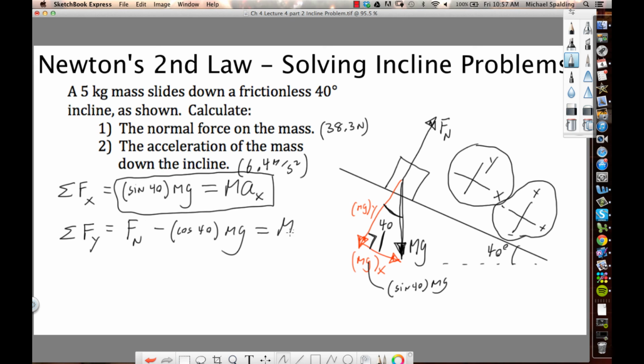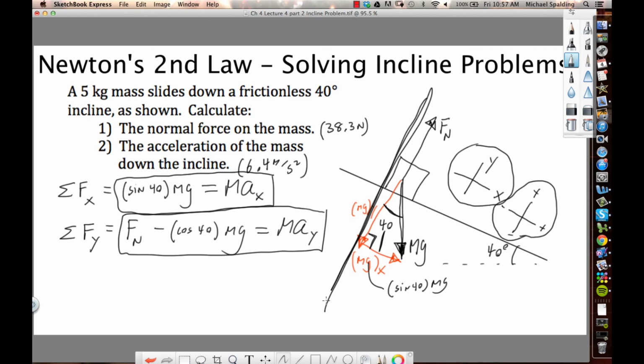Sum of the forces always equals ma, but that's a y acceleration. What's the acceleration in the y direction? 0. There is no y acceleration because the acceleration is only in the x. So the y acceleration goes to 0, so I'm going to erase that. This goes to 0. And now we have equations that'll solve the problem.